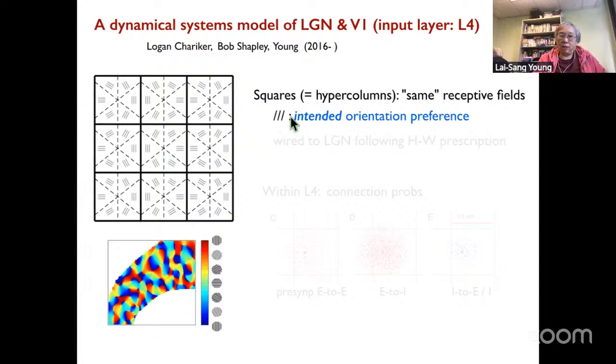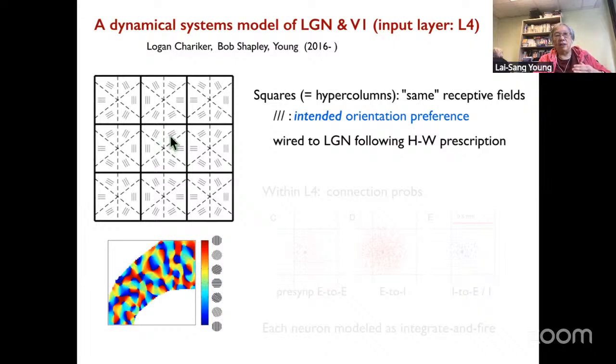So what does intended orientation preference mean? We are going to follow the prescription of Hubel and Wiesel. If it's intended to be vertical, then we wire it to 2 vertical rows of on and off. If it's intended to be at an angle, then we wire it to 2 rows of on and off at that angle.